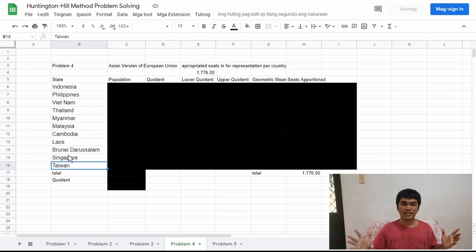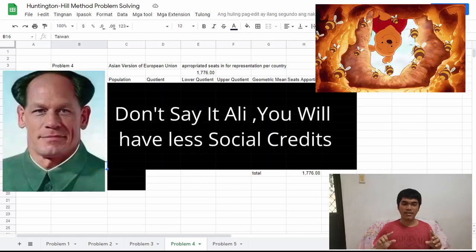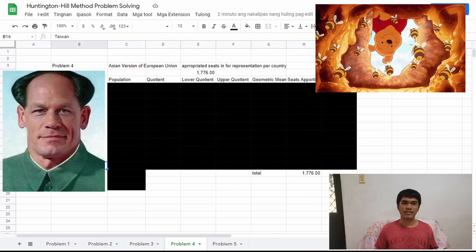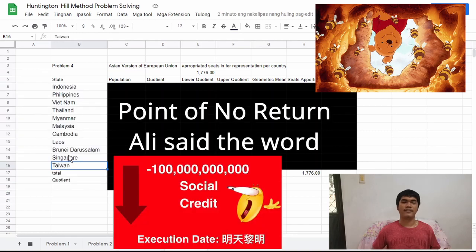I don't know if it is really a country or not because it is contested, but I will consider it as a country, which is the T word, Taiwan.